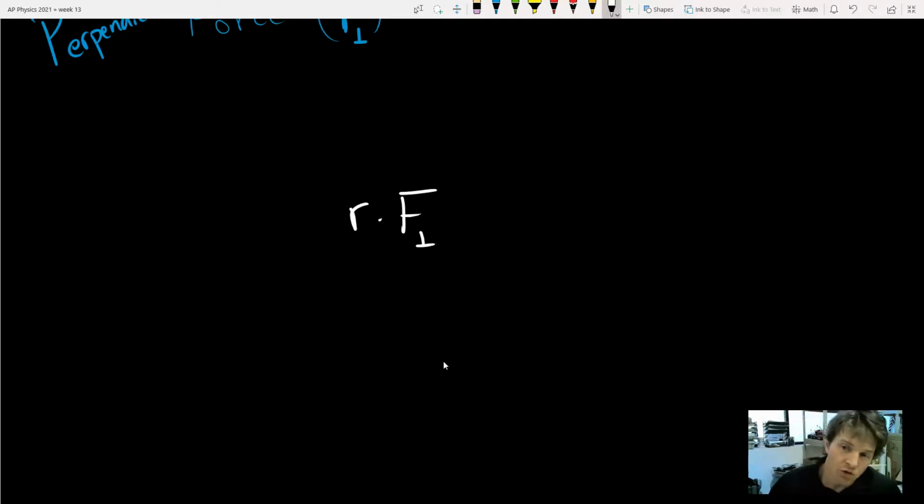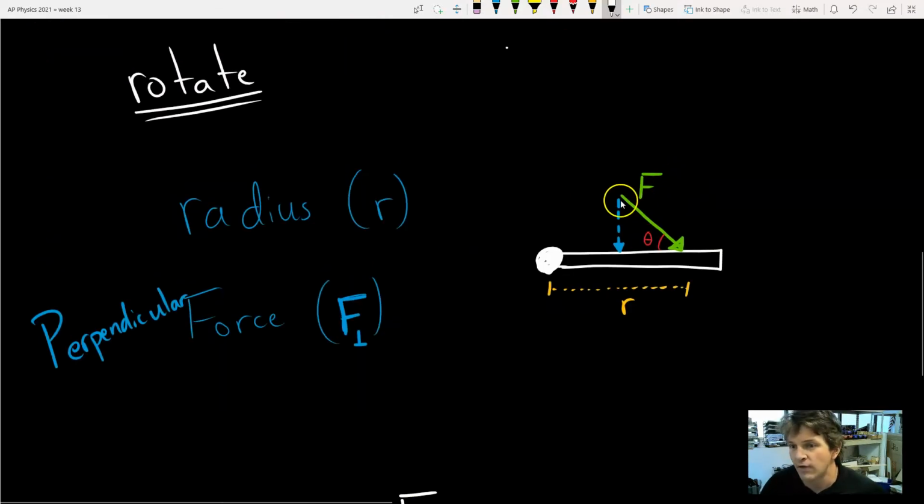But you will notice on the equation sheet, this gets broken down a little bit further, because this perpendicular term, this blue perpendicular arrow, is on the opposite side of my angle.